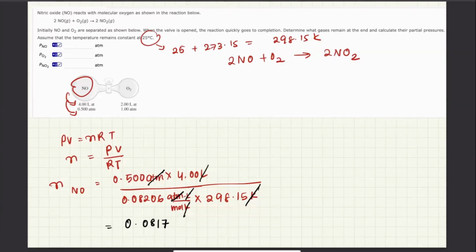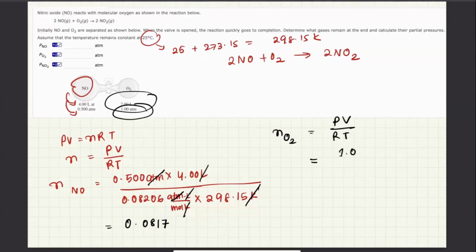Now, same thing, we want to find the moles of O2. The same thing, PV over RT. So pressure here is, sorry, my bad, pressure here is 1 atm and the volume is 2 liters. So just write it there.